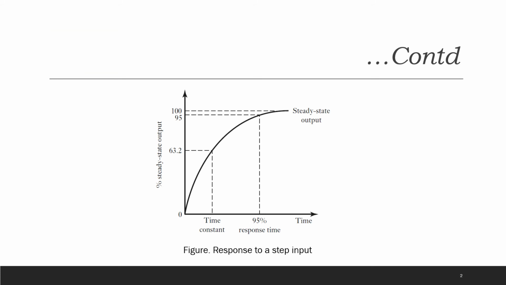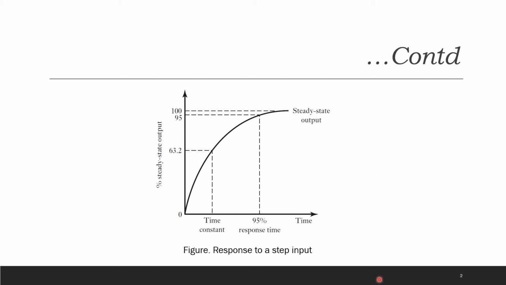We will now try to explain these four terms using a graph, which is the response of a transducer to a step input. This graph shows the output value at steady state against the variation of time. We can see that the output initially begins from 0, then gradually reaches 100% of the final output value.